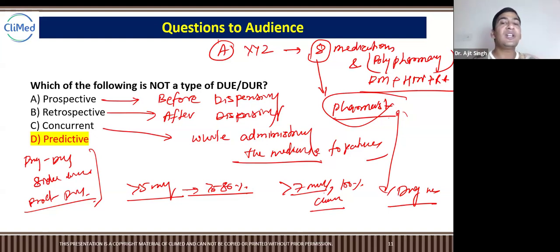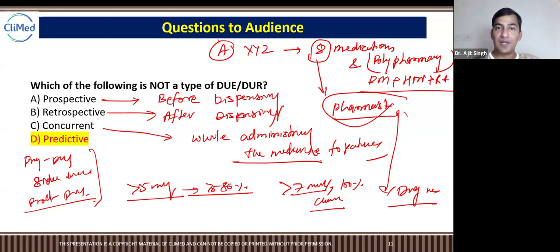The pharmacist will find the problem and introduce the intervention, and that intervention will go to the doctor again. So this is the normal procedure.